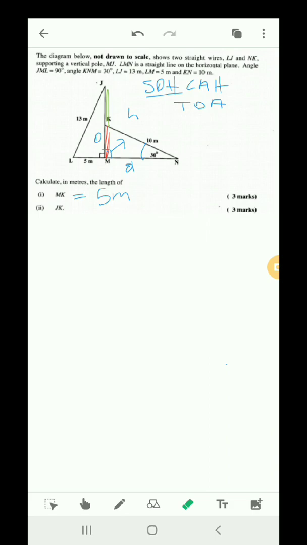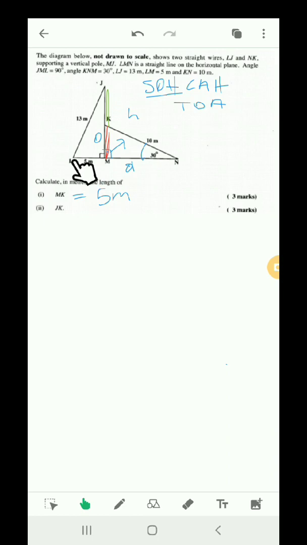MJ is a part of this right angle triangle here. See? So MJ is a part of it. Now we have the length of two sides. The length of the hypotenuse is 13 meters.